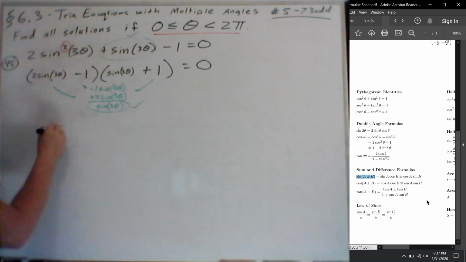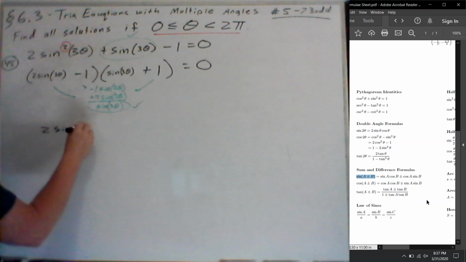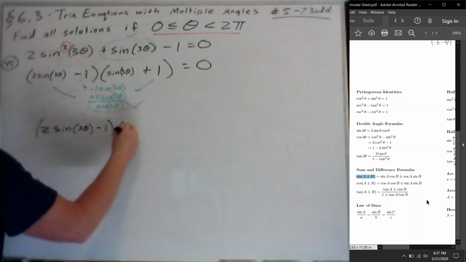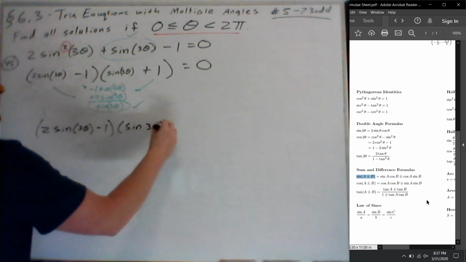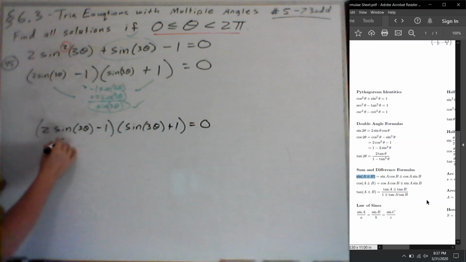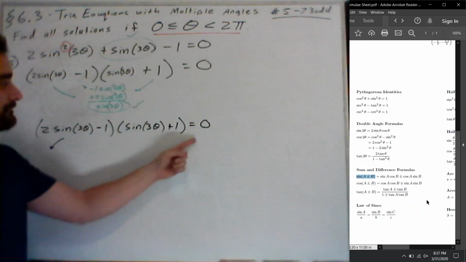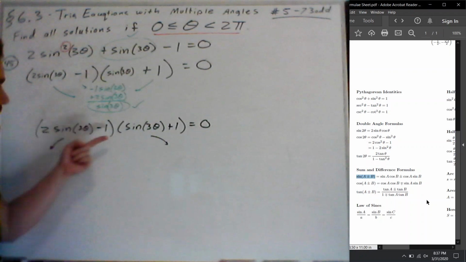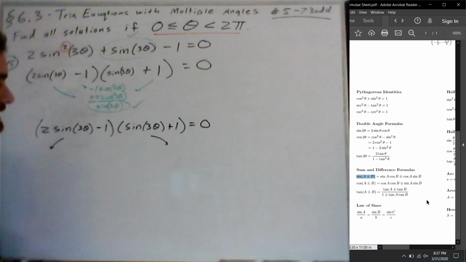We know that 2 times sine of 3 theta minus 1 times the quantity sine of 3 theta plus 1, I'm just simply rewriting it, has to equal 0, which means when I multiply these two big factors together and get a result of 0, either this factor is 0 or this factor is 0.